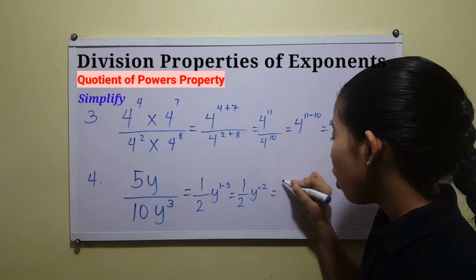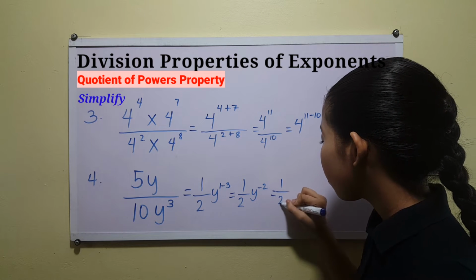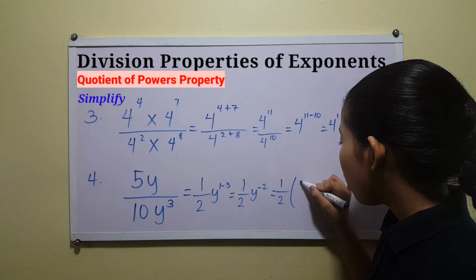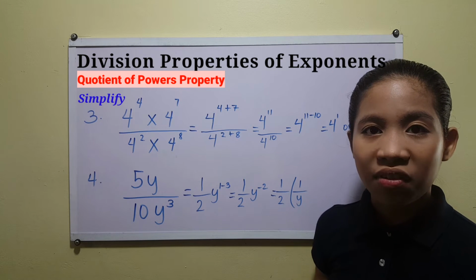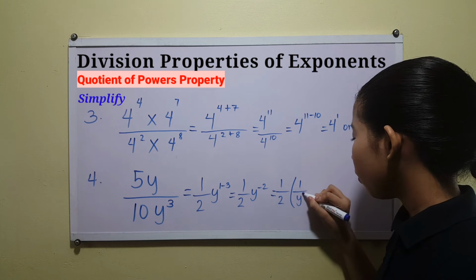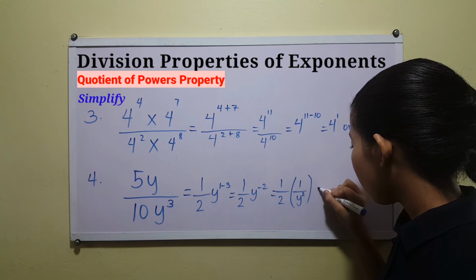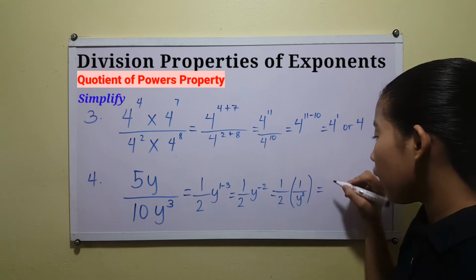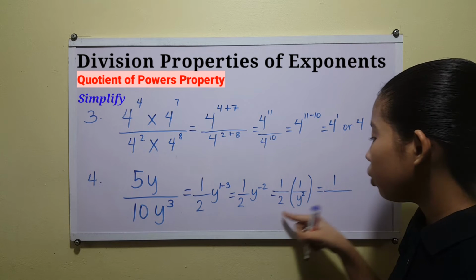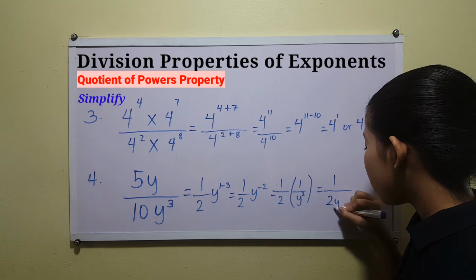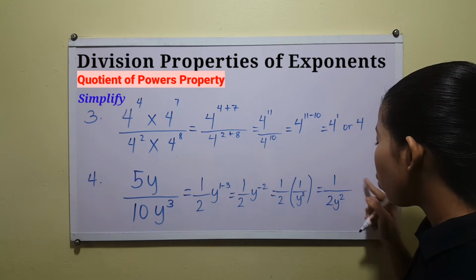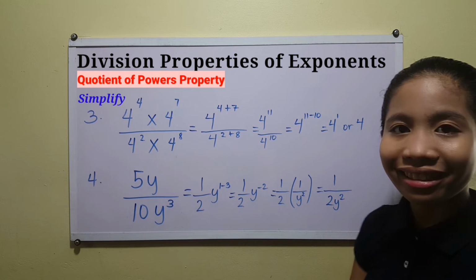So we have 1/2 times 1 over y. Don't forget to write its positive exponent, 2. So 1 times 1 is 1. And 2 times y squared is 2y squared. So our answer is 1 over 2y squared.